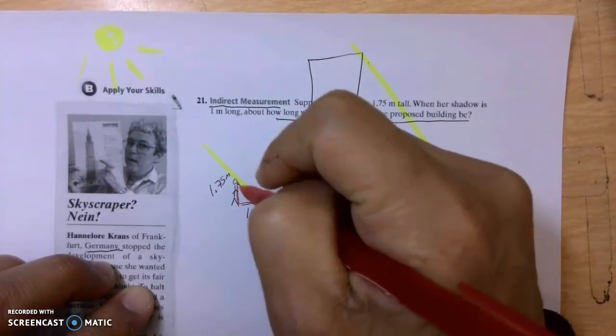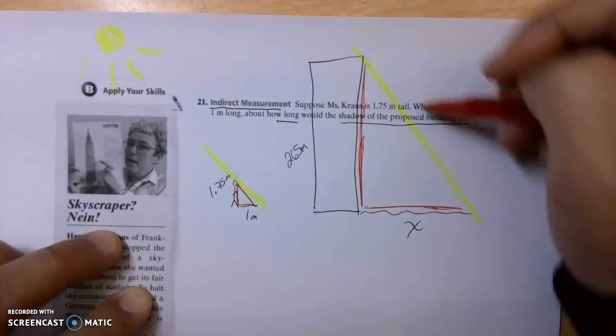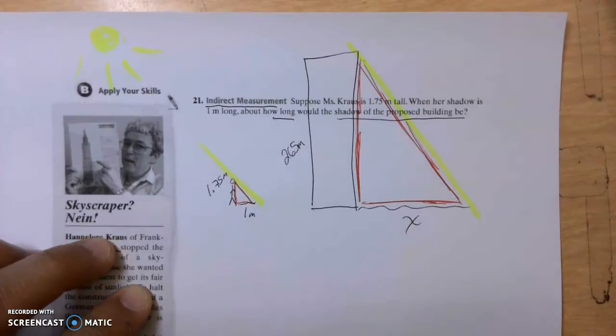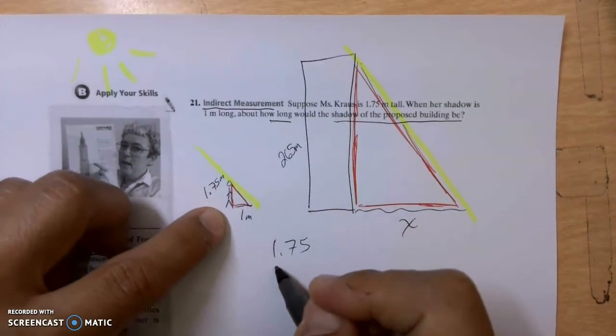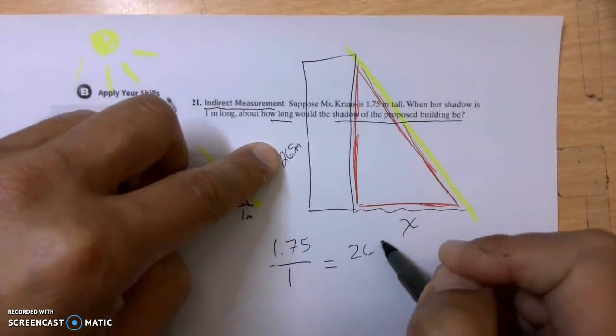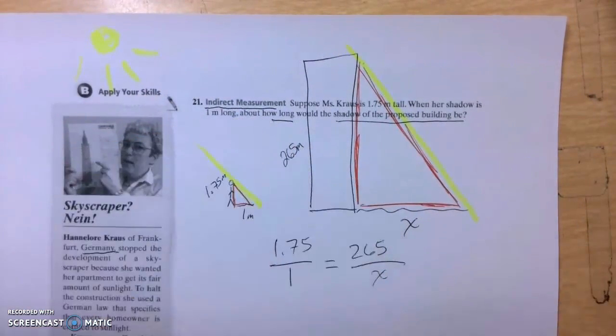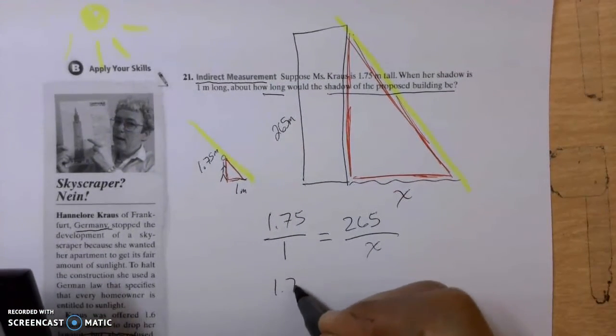Here's one, I'm just highlighting it in red, and here's the other one, I'm highlighting it in red. And so what we're going to do is 1.75, the person to the shadow, is equal to the building to its shadow X. And then you would cross multiply this and solve for X.